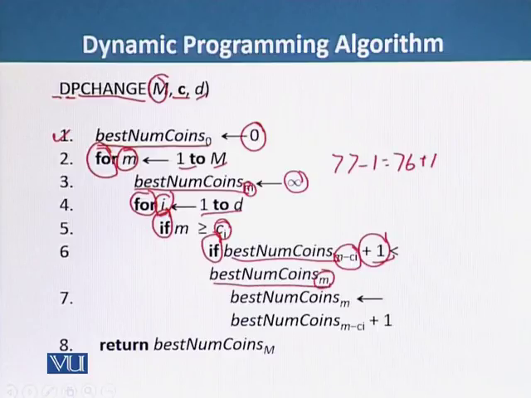For example, 77 minus 1 cent gives 76, plus 1 coin. If it is less, we will assign this value to best number of coins, and we will return the answer, best number of coins m.